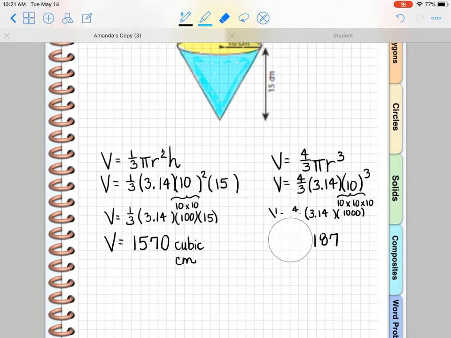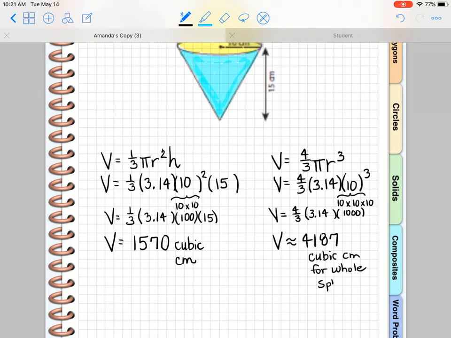I don't even want to write all that down. Whoa, that eraser is enormous. So let's go back, and I'm going to say that the volume of the whole sphere is approximately 4,180 cubic centimeters for the whole sphere.